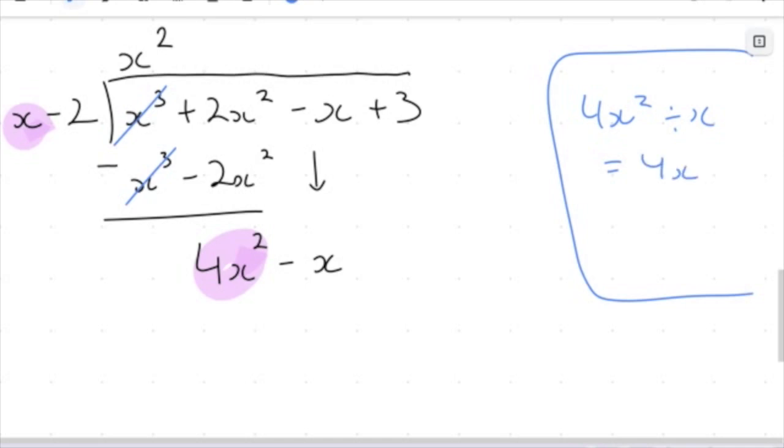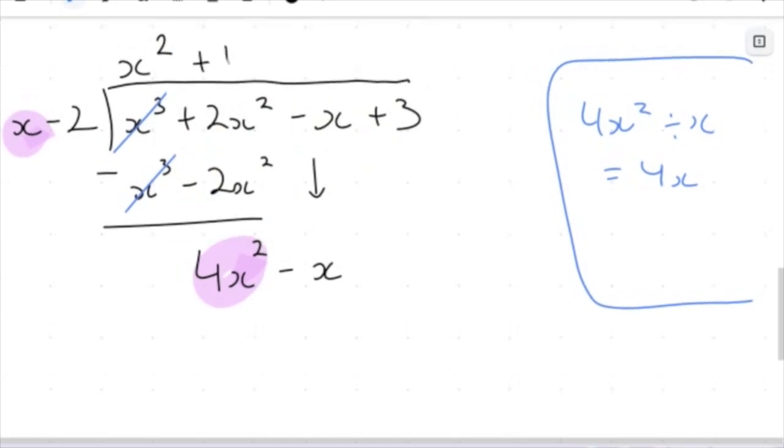So we do that division, which gives us positive 4x. And from here we can do that same process again. We take this 4x and multiply it by x minus 2 to give us the remainder.